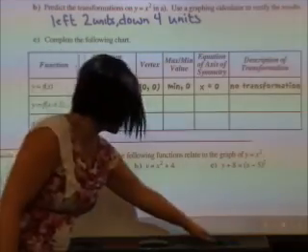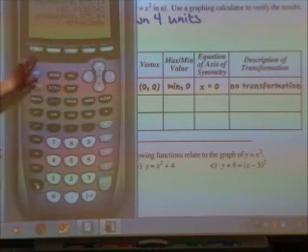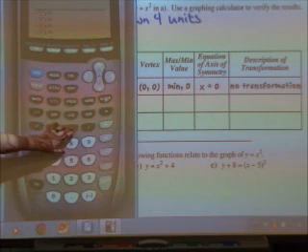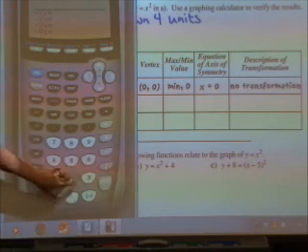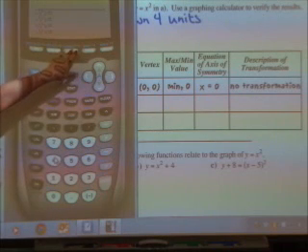So if I graph this, we have x plus 2 squared minus 4.